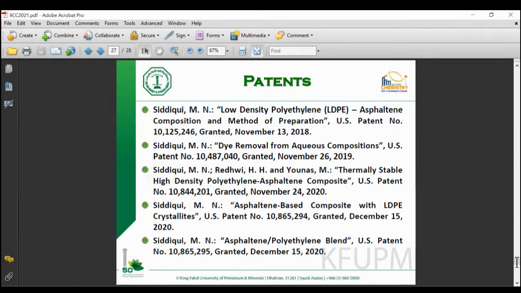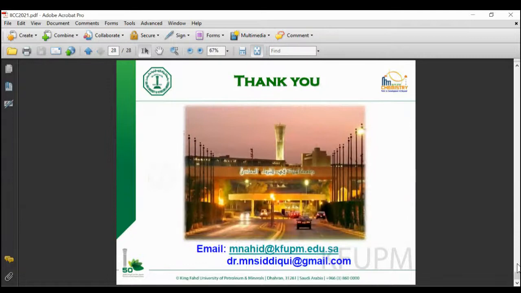Well, this is a general idea. I did not go into technical detail because I want to give the impression that this field is highly unexplored, and I picked it up and it rewarded me with this type of patents and publications.